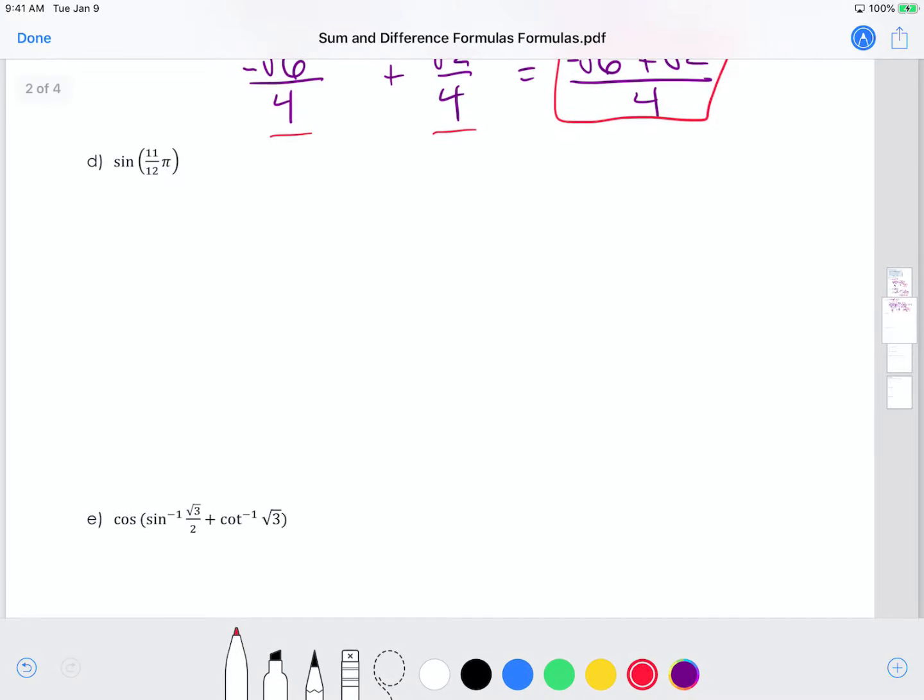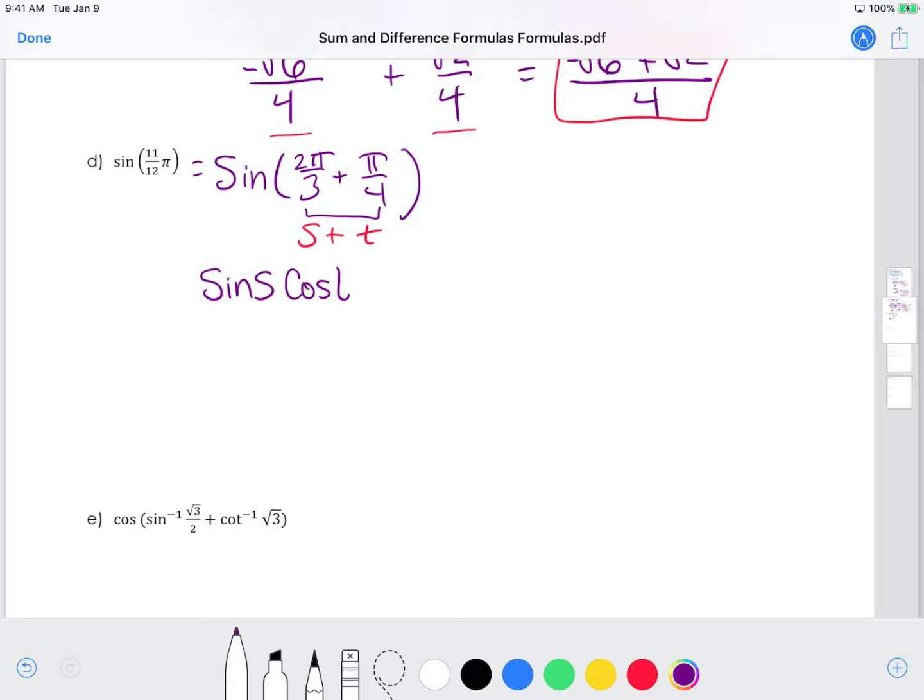Okay, example D, I can write sine of 11 pi over 12 as sine of 2 pi over 3 plus pi over 4. So that formula would be, if this is my s and that's my t, sine s times cosine t plus cosine s times sine of t.